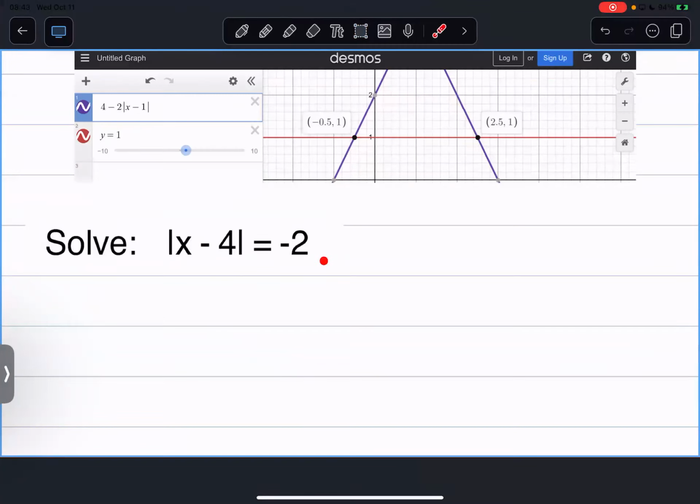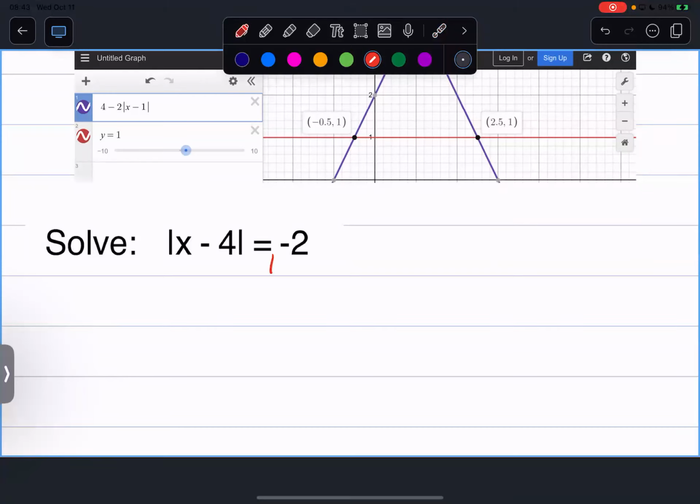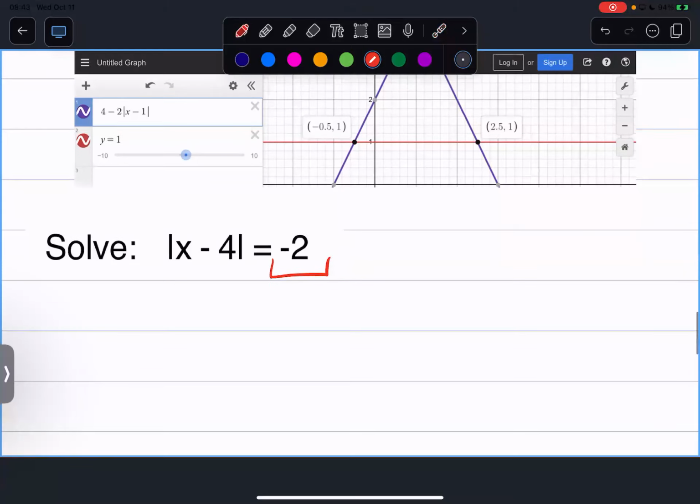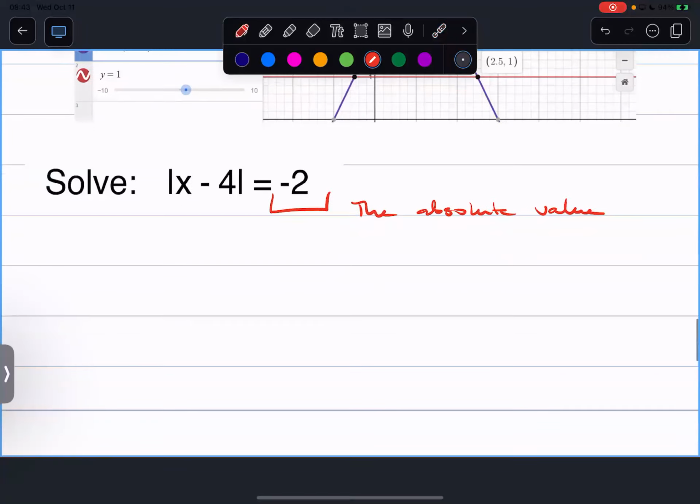That's not what the absolute value function does. And so here, I'll even do red. The absolute value can't return a negative.